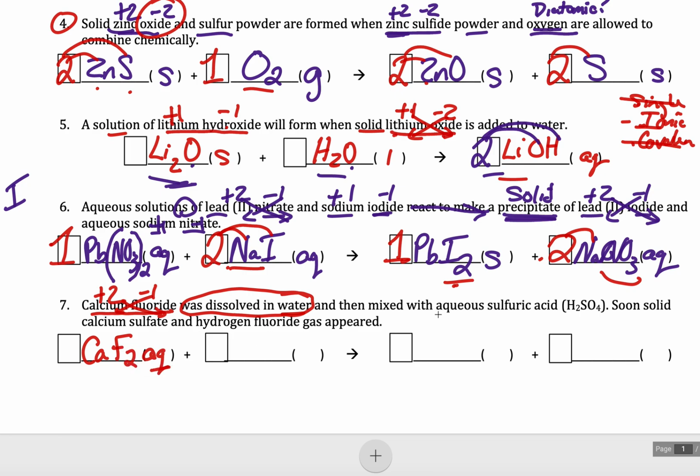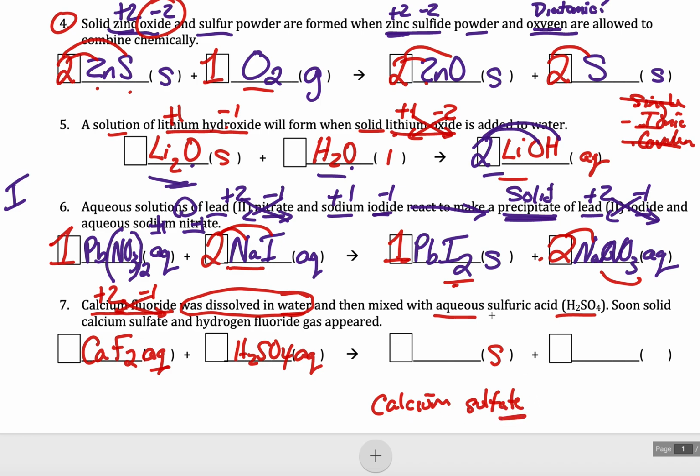And then mixed with aqueous sulfuric acid. I give you the formula: H2SO4. Soon, solid calcium sulfate. So I've got to look up calcium sulfate's charges so I can write this correctly, because this is definitely ionic. Calcium's a metal, and sulfate is a polyatomic ion.